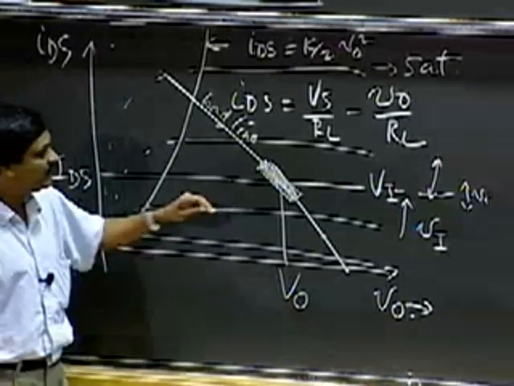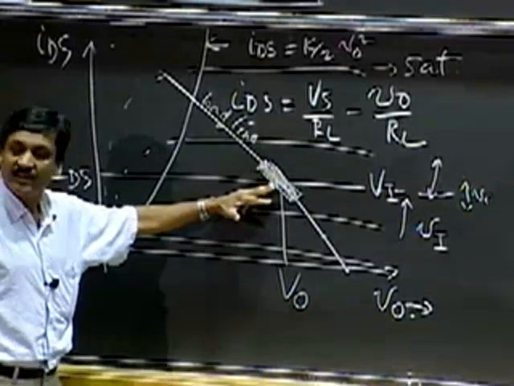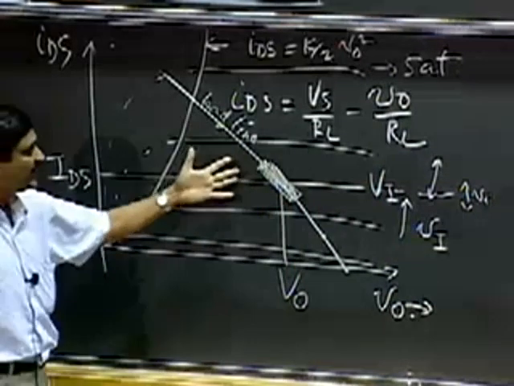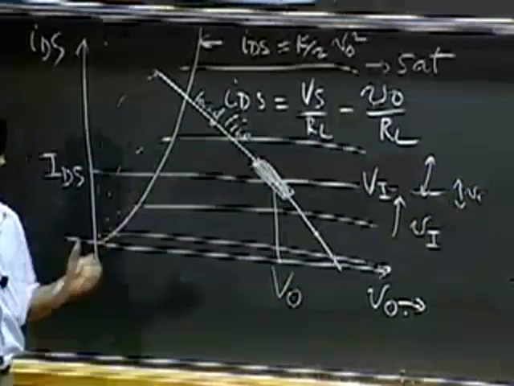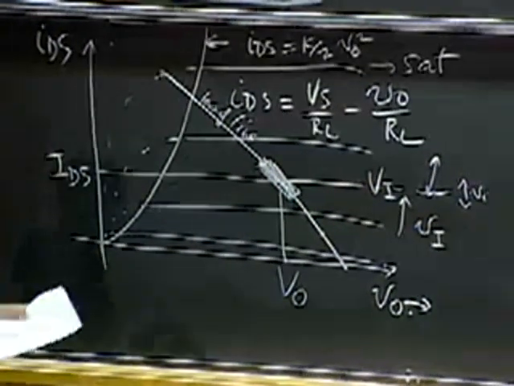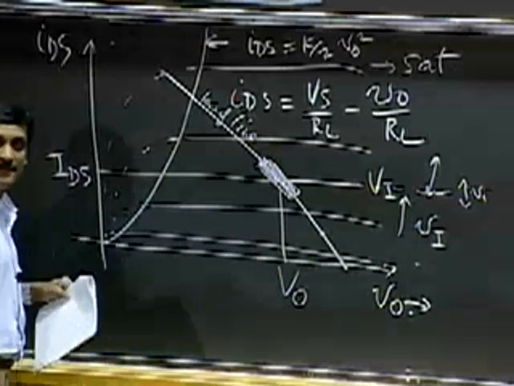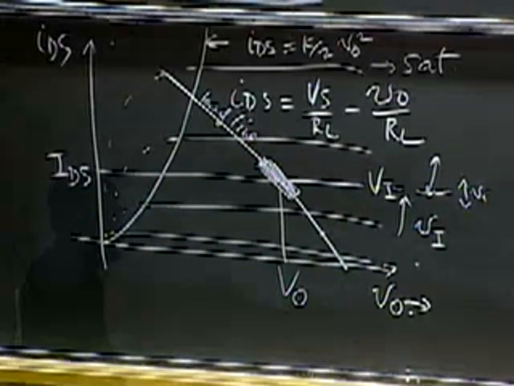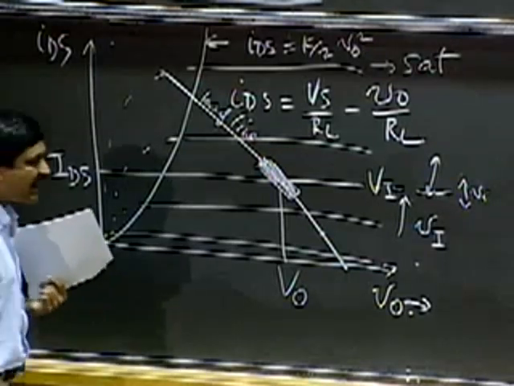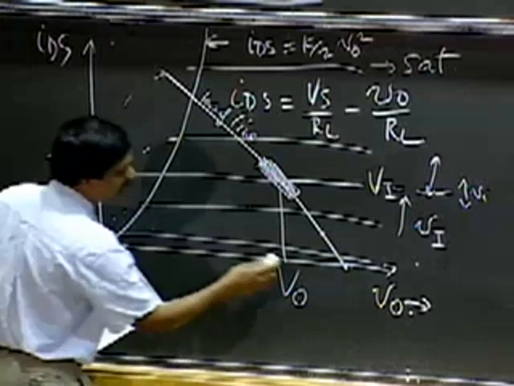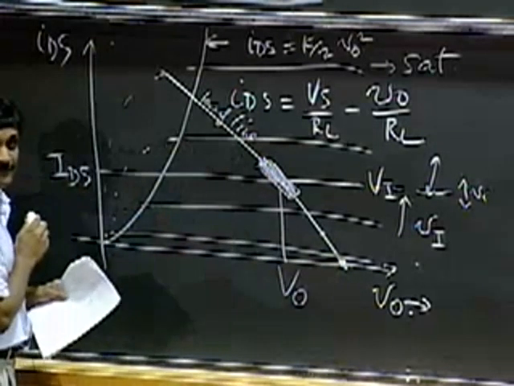So notice now the operating range: how far can VI vary before the MOSFET goes out of its saturation discipline? Well, on the low side, my VI can come down to here, and we looked at the operating ranges for an amplifier, and I can come all the way down to VT. At that point, the output will come here.